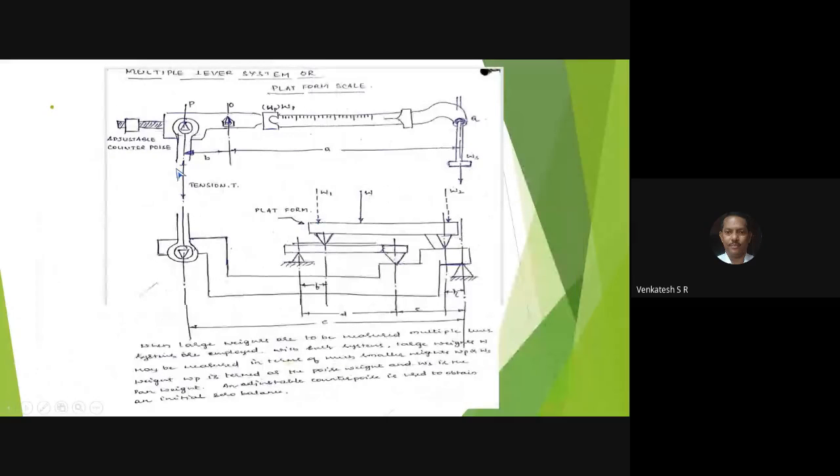You have a small derivation, that is F equal to T into radial distance. That is the measurement. So from the examination point of view, you have this question for 10 marks. From the examination point of view, this is very, very important.